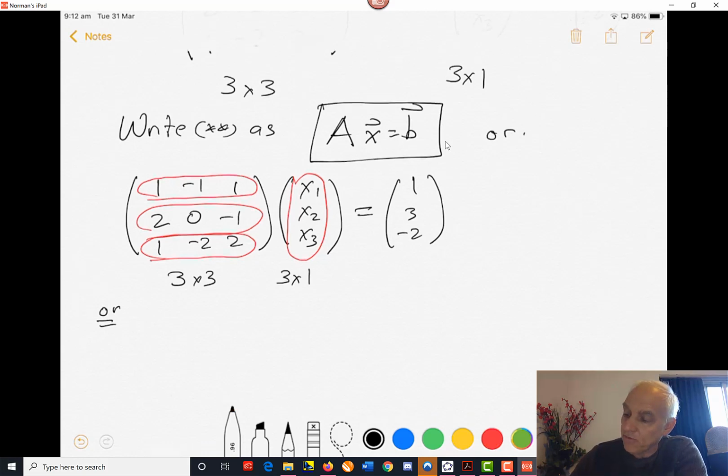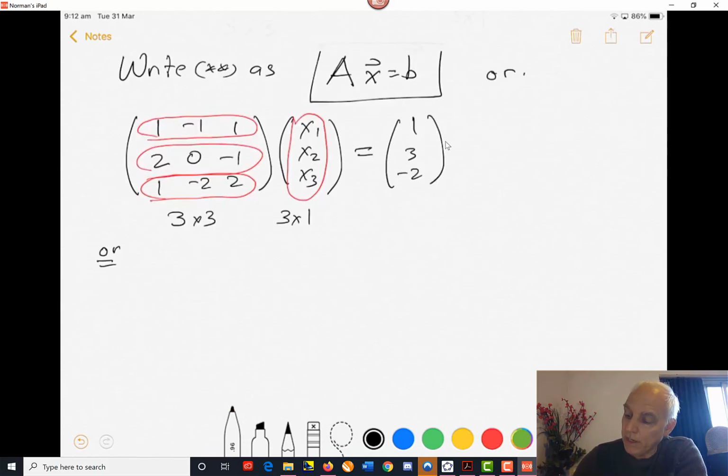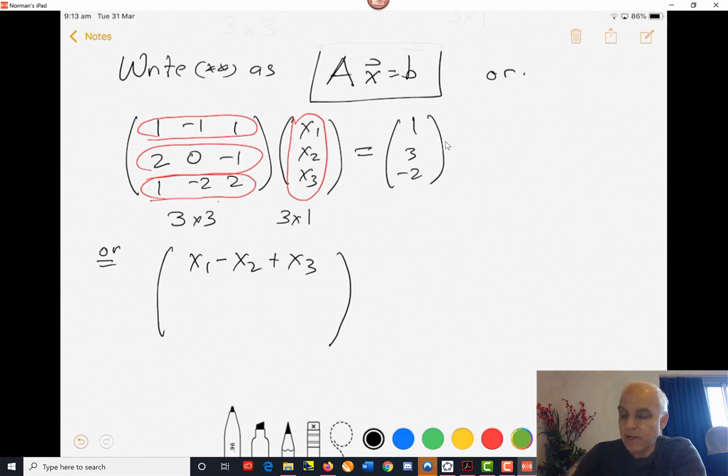So the first row times the vector will be 1 times x1 minus 1 times x2, so we have to add that, so it's minus x2, plus 1 times x3, so that's plus x3. That's the result of the multiplication of the matrix by the vector. The second entry is the second row times the same column on the right-hand side.